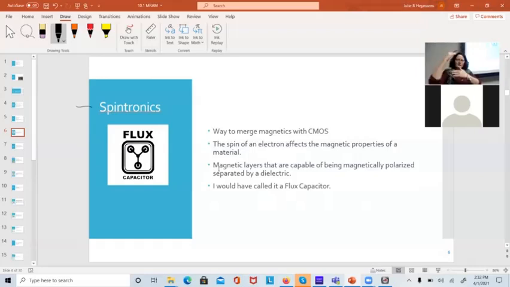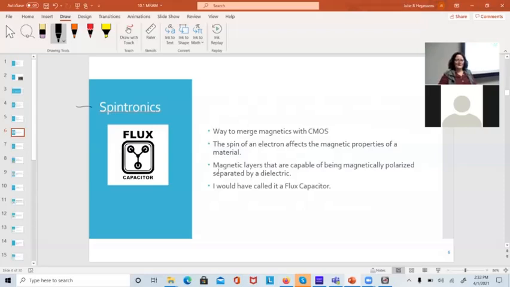If they're not matched, I'm going to have a higher resistance. And the two layers are separated by a dielectric, so there's no conduction between the two of them. The only way the information is passed is through the magnetic field and through tunneling, kind of like we saw in flash.